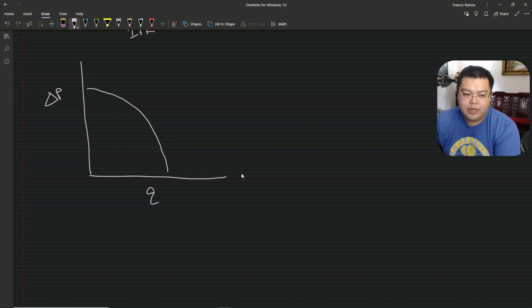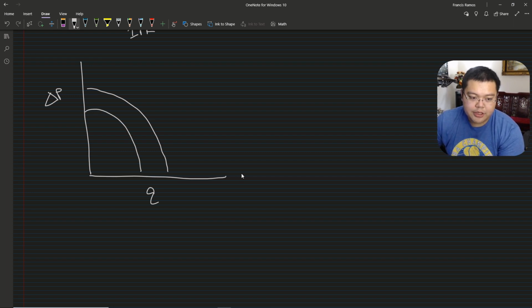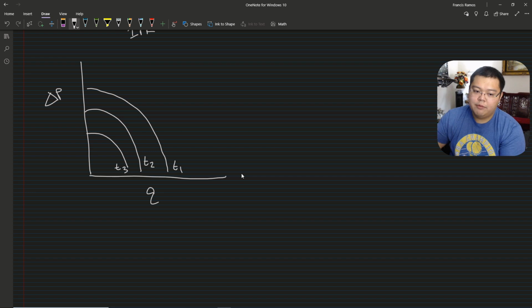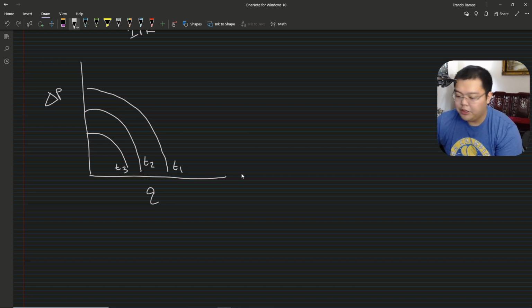Over time, our pressure drop will begin to equalize, and our flow rate will eventually decrease. So over the course of the primary recovery, your pressure in your reservoir will decrease, so you actually have something like this over time. This would be T1, this would be T2, and this could be for any period of time in your reservoir.